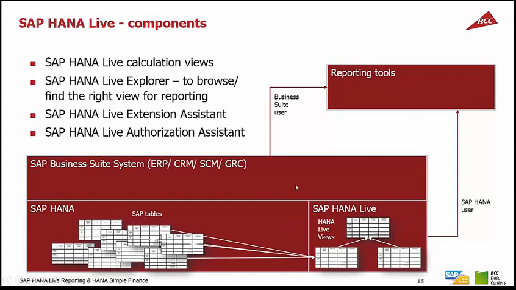If we have SAP HANA under our Business Suite system, let's say an ERP system, then we have tables. We could report on these tables with any reporting tools that can connect to SQL, for example BusinessObjects, but the dependencies between SAP tables are sometimes very, very complex.